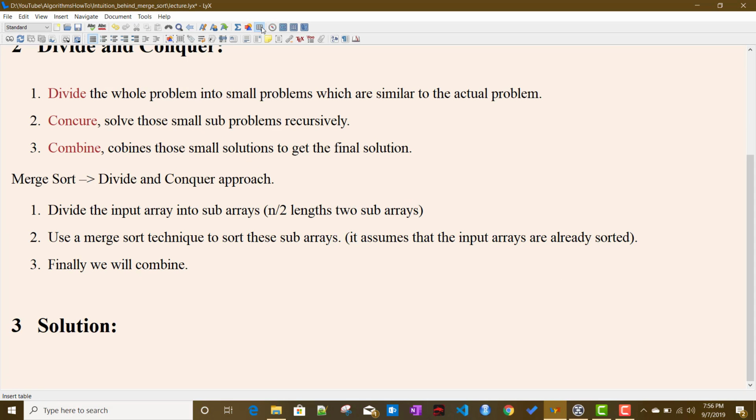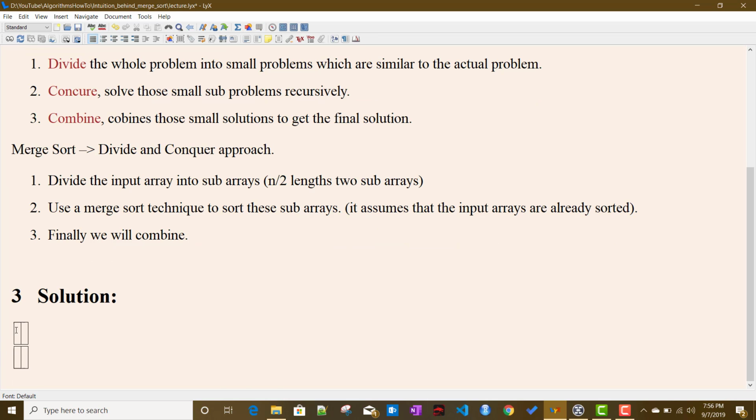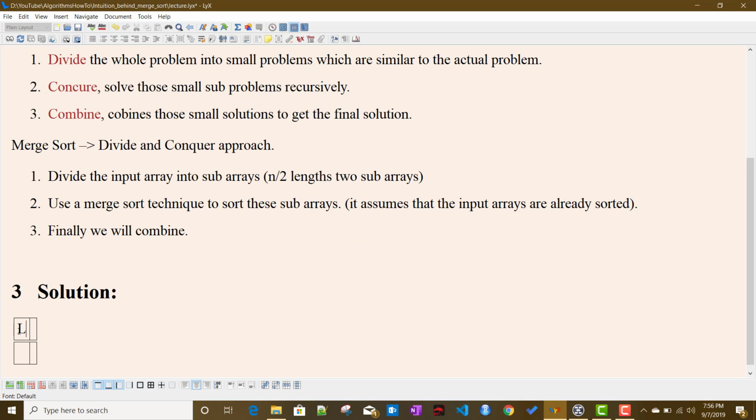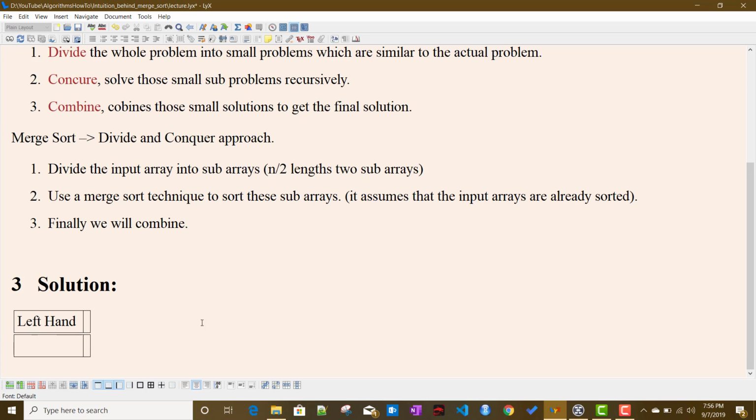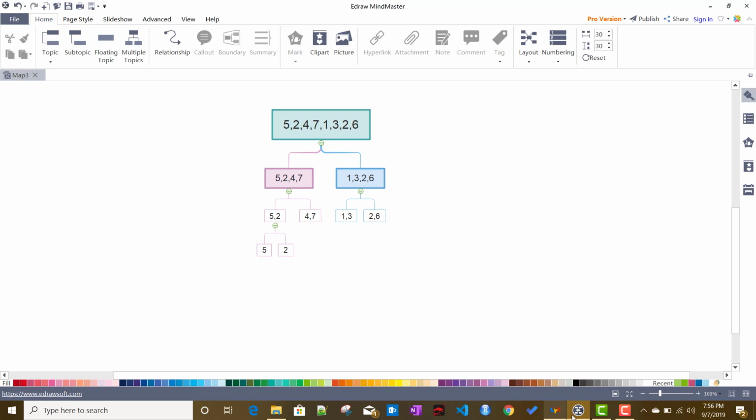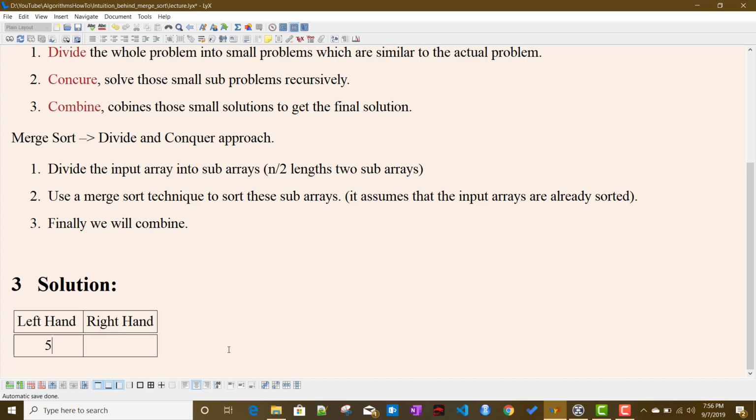Let us create a table here with 4 elements. I'll write left hand, and right hand. In our left hand we have a single element 5. In our right hand we have a single element 2 over here, right?